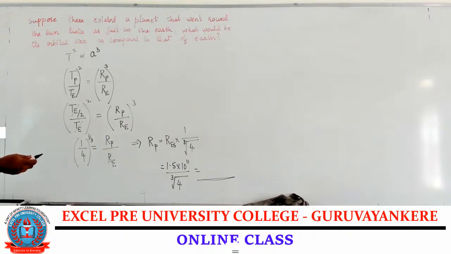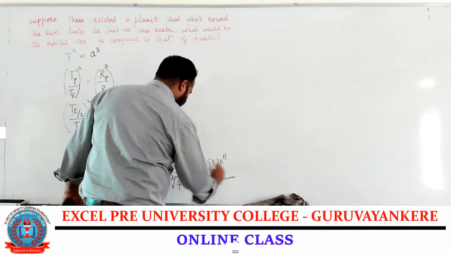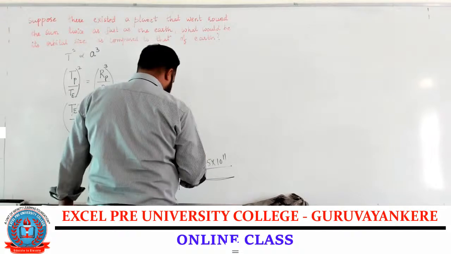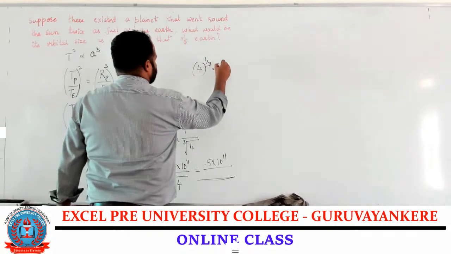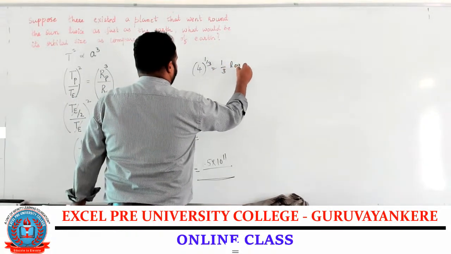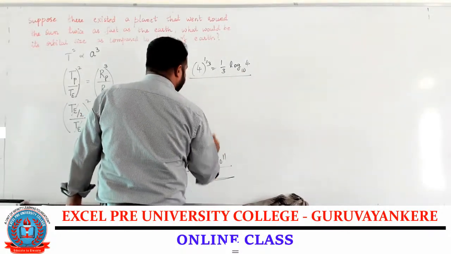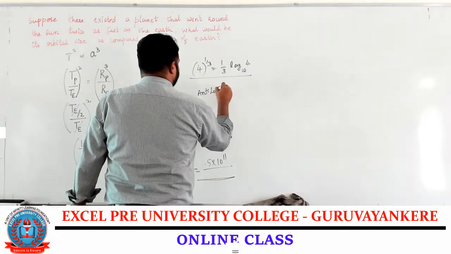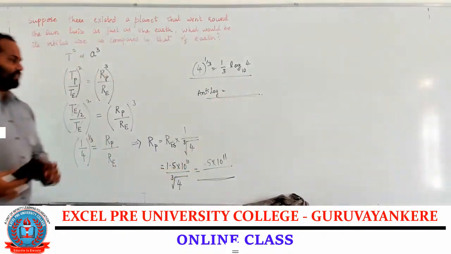This value will be a little more than 1, so this is 1.5 into 10 to the power 11. So cube root of 4, how do you calculate? That is 4 to the power 1 by 3. So 1 by 3 log to the base 10 of 4. So just calculate and get the answer, okay? Then take the anti-log, then calculate the answer. Try to get the answer for this.